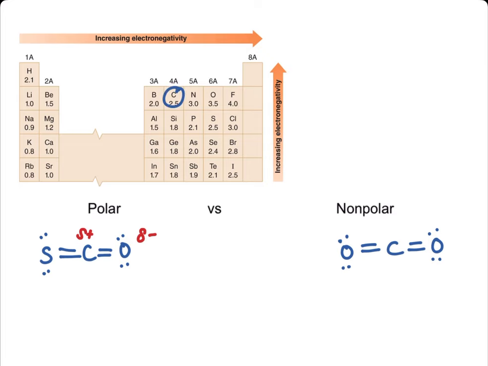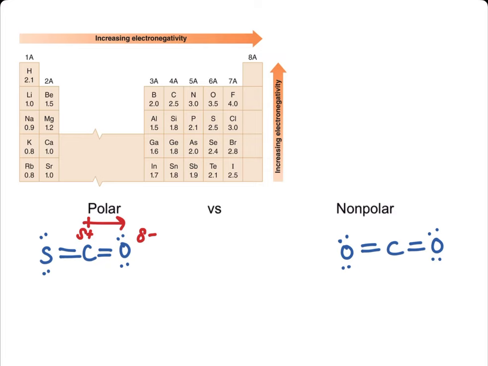Carbon and sulfur have the same electronegative value, so they are not sharing the electrons unequally. They are considered to be sharing the electrons equally. So I don't have to assign any symbols on the carbon-sulfur bond. So I also have to go ahead and draw my dipole. And this is showing me that the oxygen is attracting the electrons from carbon. So there's a bit of a tug in that molecule. That is considered a polar molecule.